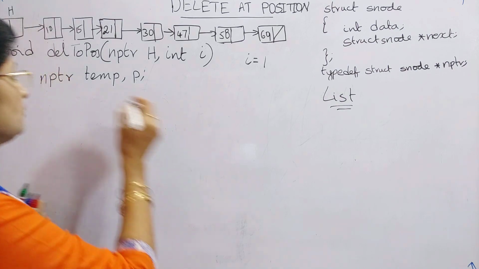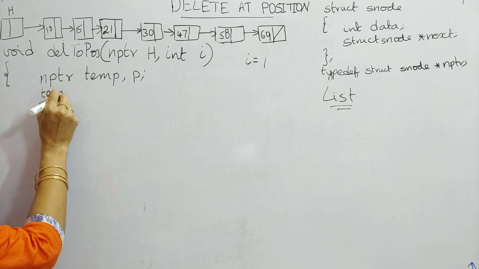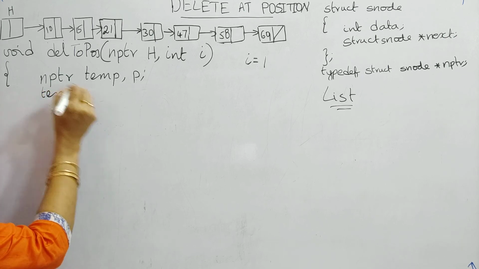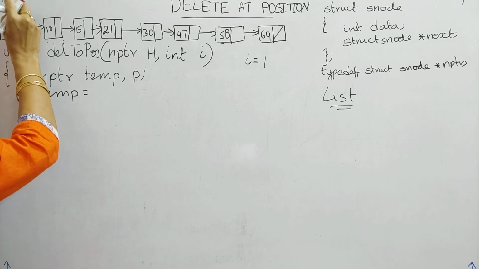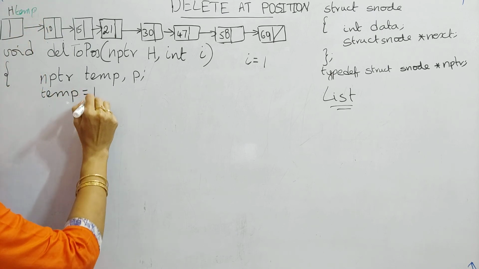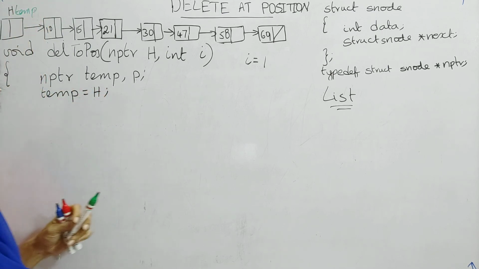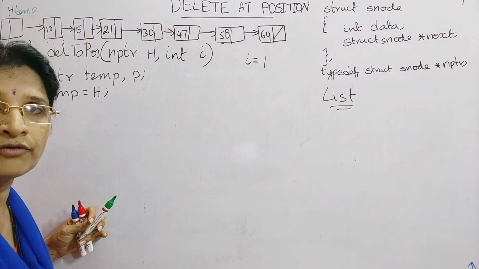So first of all we will move the pointer. So temp is equal to, I will place the temp at the h itself. So now temp and h are same. So temp is equal to h. So now I have used my temporary variable at the position of h.